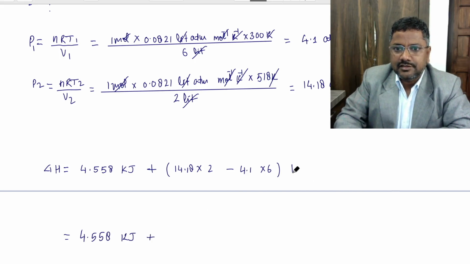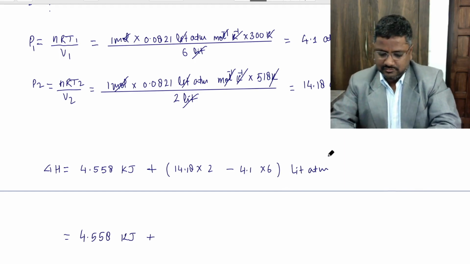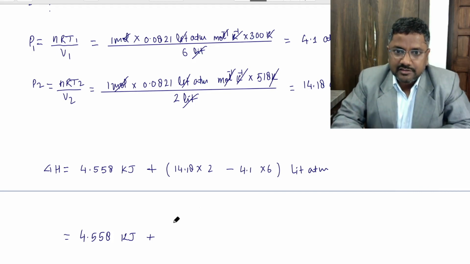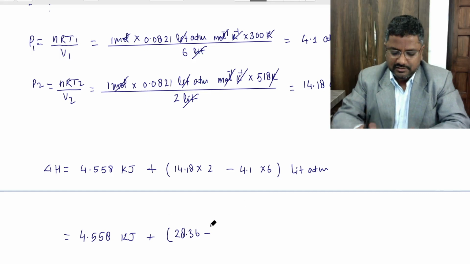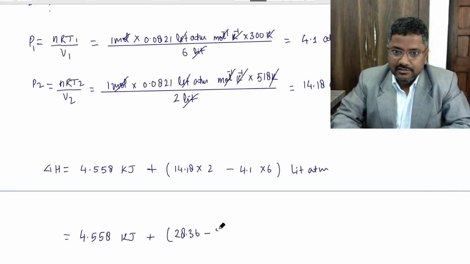This is liter atm. So 14.18 multiplied by 2, 28.36, minus 4.1 multiplied by 6, 24.6.